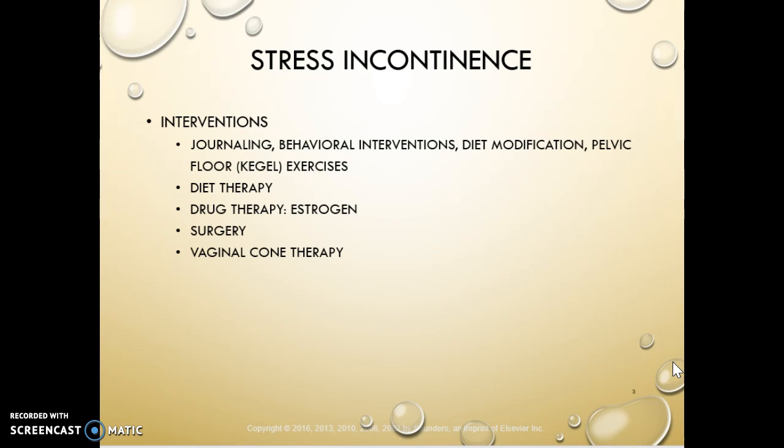Estrogen has been found to help in women. Stress incontinence is often more common in women because of childbirth also, and how that affects some of the musculature. There are some surgeries that can be done, and then vaginal cone therapy is another type of therapy that can help strengthen those muscles with the resistance type system.